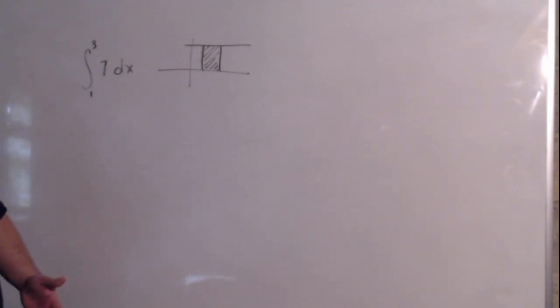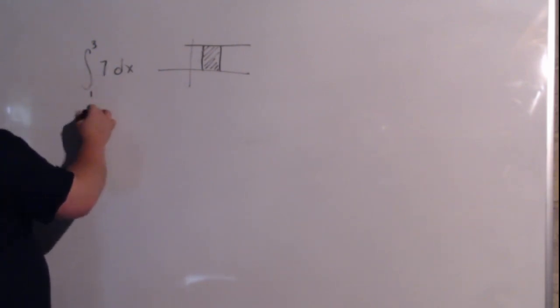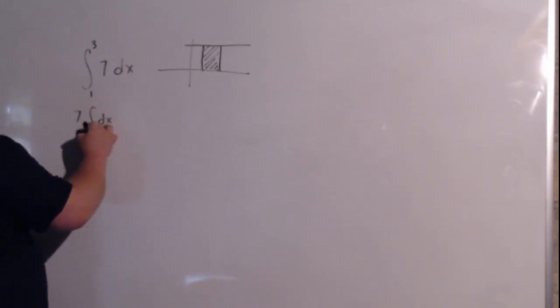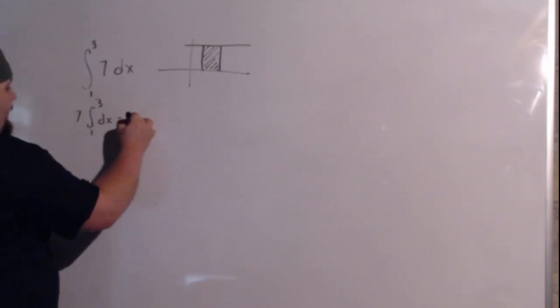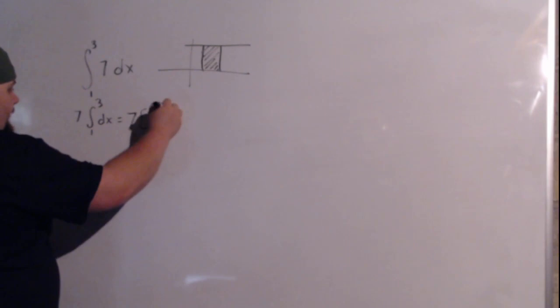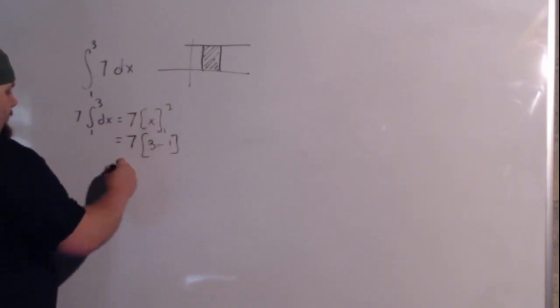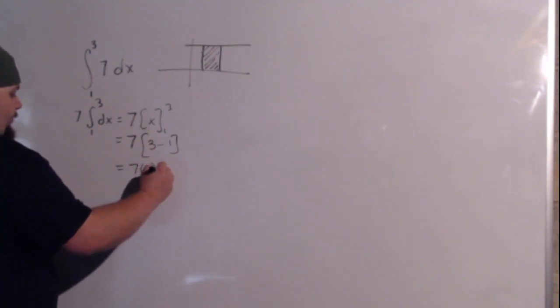So we could very easily integrate this, right? This would be 7 integral dx, and that would be integral of dx is x from 1 to 3, so that's going to be 7 times 2, or 14.